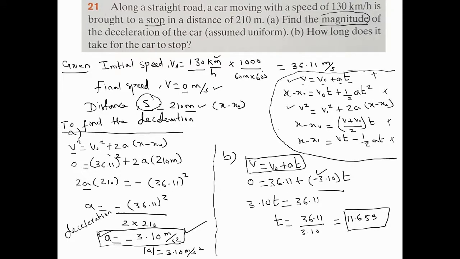Brother, what is given in the question? Just read. You have to write only the magnitude. Actually, your answer is in terms of negative, but they need the absolute value of a. Absolute value of negative gives you positive. But when you go for the second part, you have to write the a value as negative. Then only your answer will be right, because they clearly mentioned that the car has deceleration. If you put positive, it will be wrong. Do you get my point?